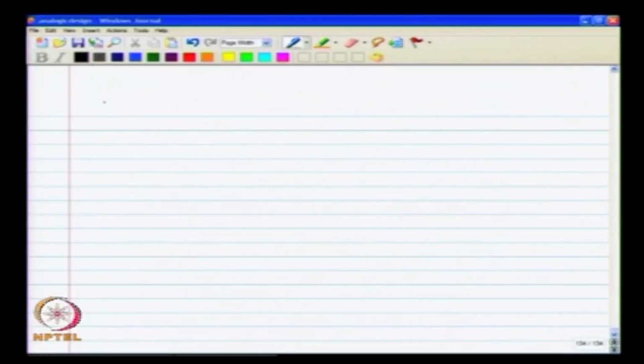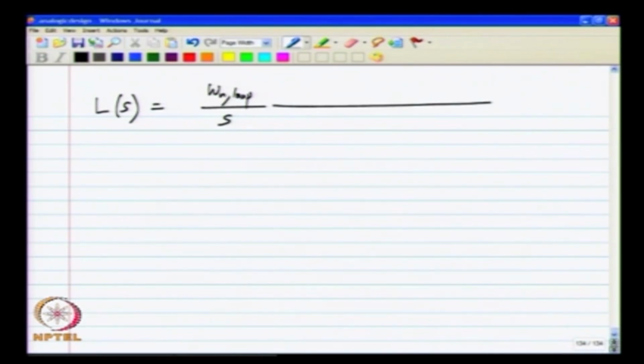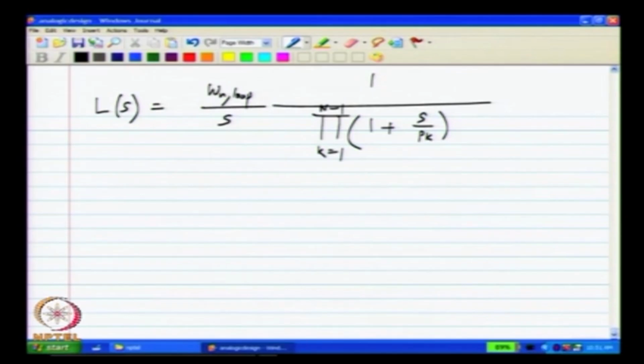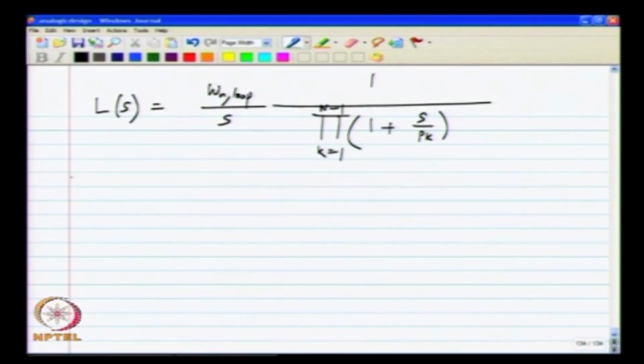So, to conclude, in general the loop gain will be of the form omega u loop by S and a number of extra poles which may not be at the same frequency. I have taken n minus 1 extra poles, this gives you an nth order system. So, now I will assume that all the poles are sufficiently greater than omega u loop.